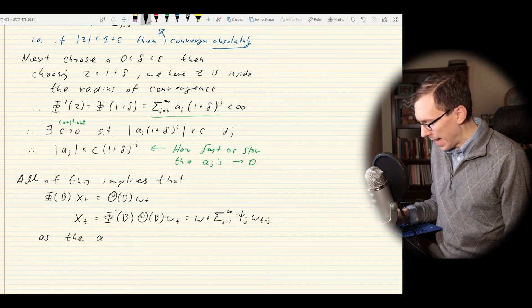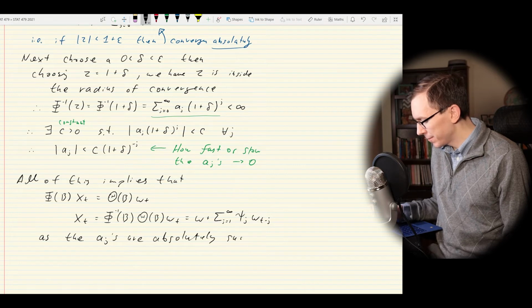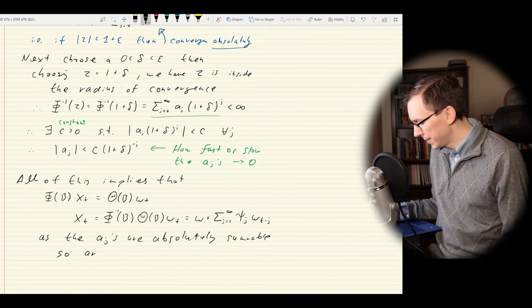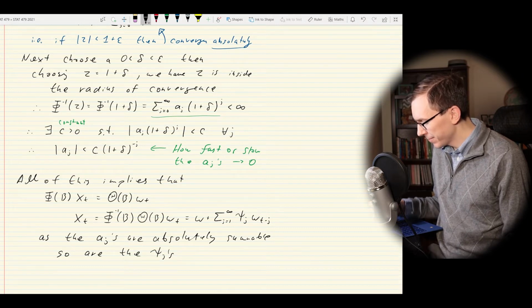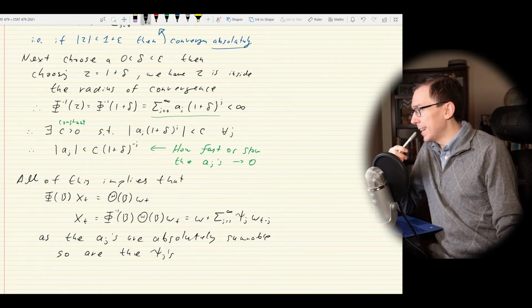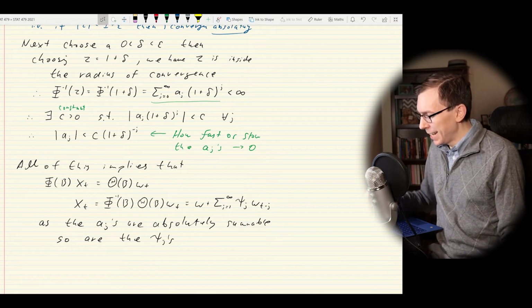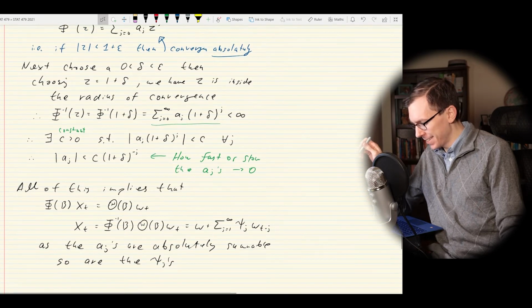And as the a_j's are absolutely summable, I'll say so are the psi_j's. Because you should be able to write the psi_j's in terms of the a_j's and the thetas, right?